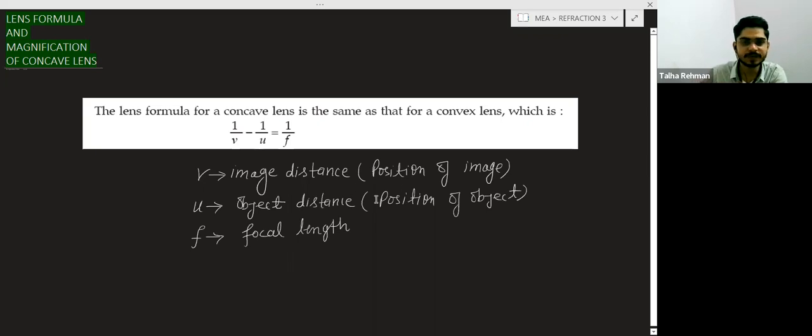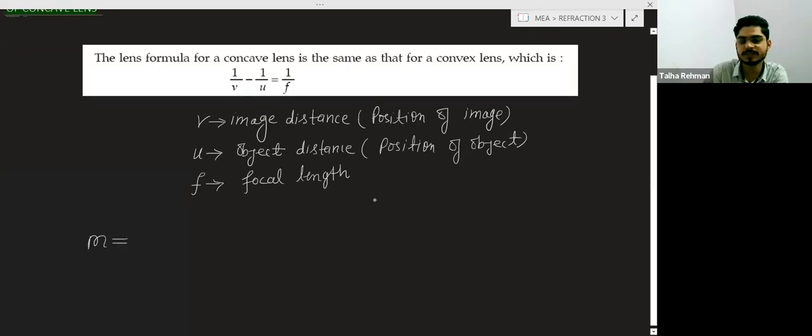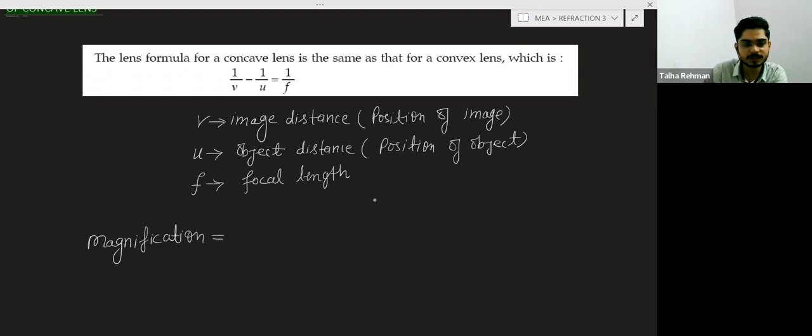What about the magnification? We have already discussed the magnification. Magnification is represented by small m. Magnification m is given by height of the image produced divided by height of the object, and this is also given by v divided by u.